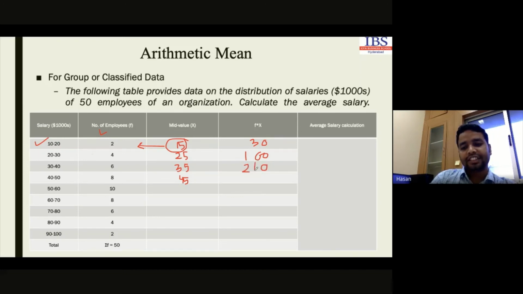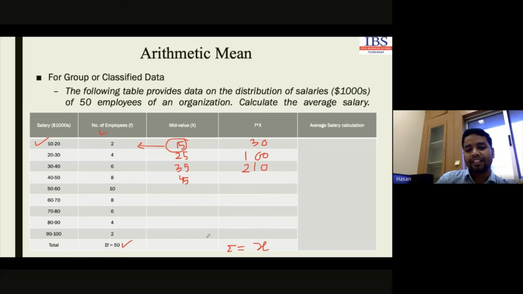In this way, we have to calculate the total for each category, and finally take the total sum of xf. The total frequency is 50, as given here.